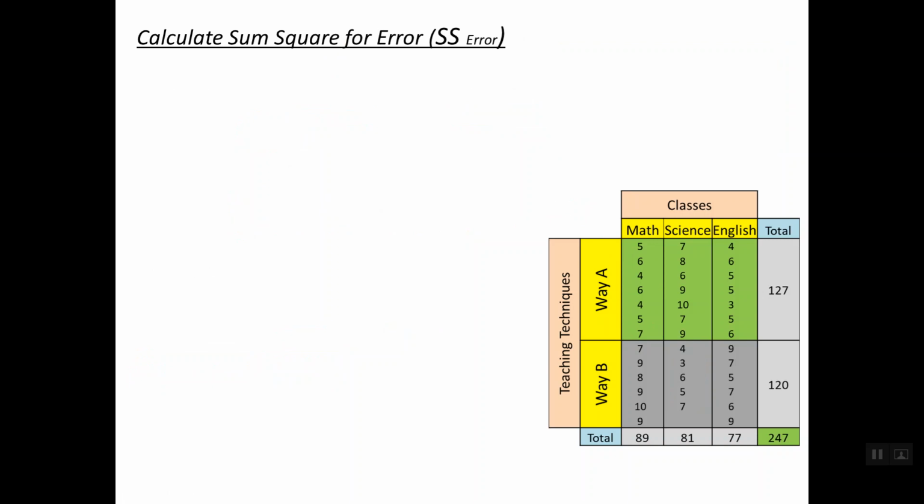Regarding the calculation of the SS for the error, we can get it by knowing all the SS for all the variables. So we know that the SS total is equal to the SS for the first factor plus SS for the second plus SS for the interaction plus the SS for the error.